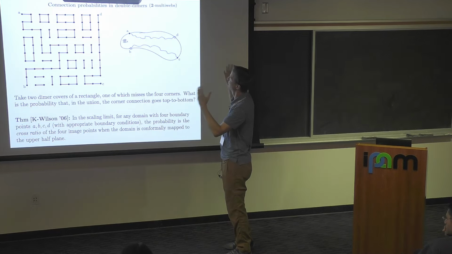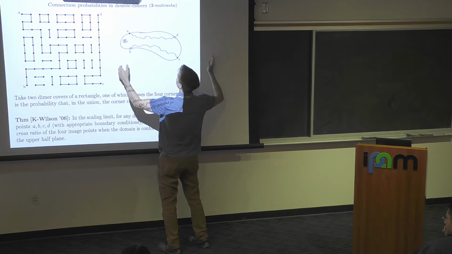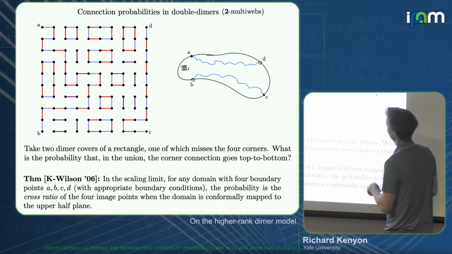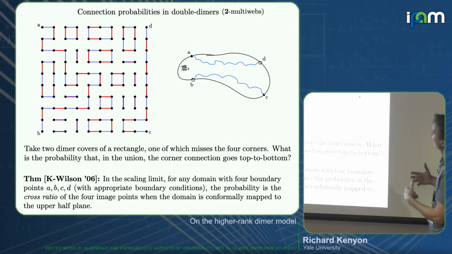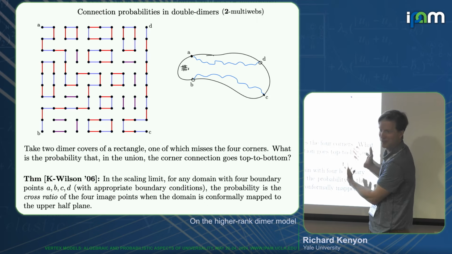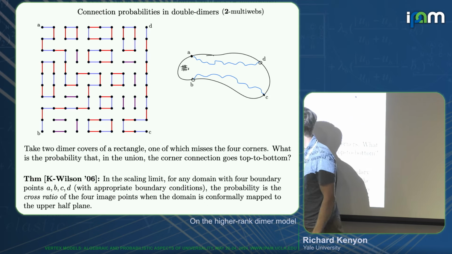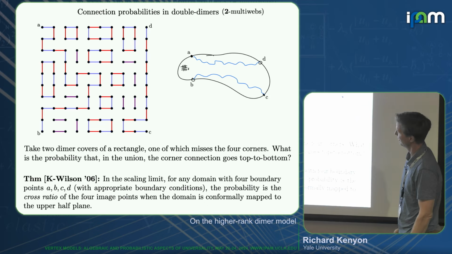But what if you take some planar domain like this, with 4 points on the boundary, and a very fine graph? The theorem is that this probably has an interesting limit, which is due to myself and David Wilson.